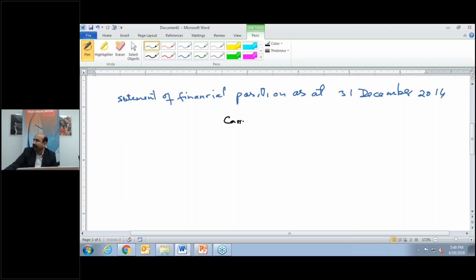So, carrying value. Carrying value means as per the accountant, as per your accounting record. Then we can make another column for tax base. Tax base.